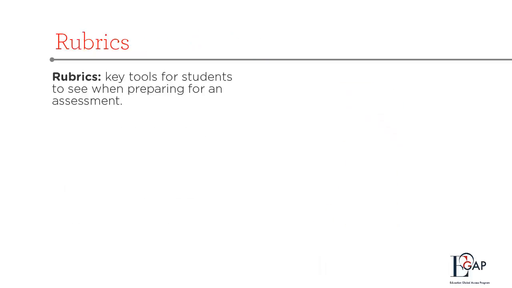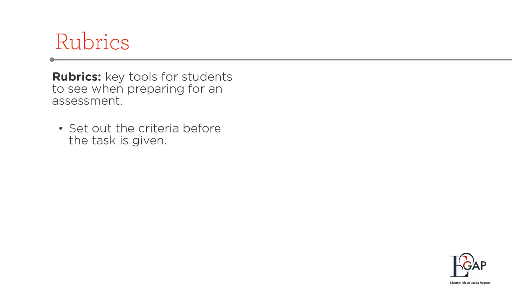Rubrics are key tools for students to see when preparing for an assessment. Anytime you are going to conduct a summative assessment, you should give your student a rubric beforehand. They allow the teacher to set out the criteria before the task is given to the students, thereby allowing everyone concerned to be aware of what is expected.